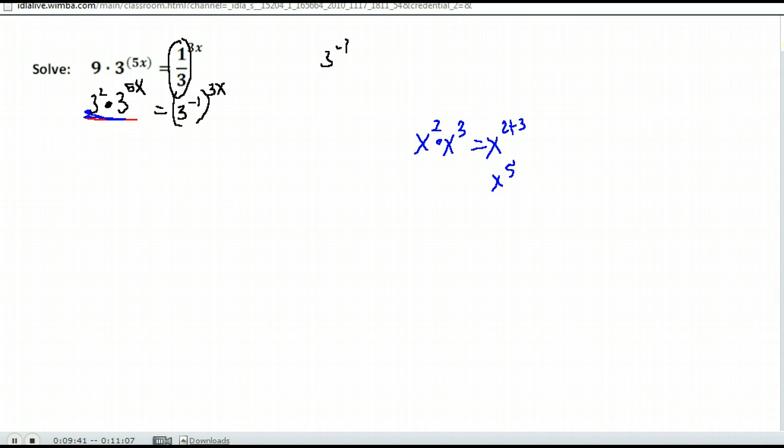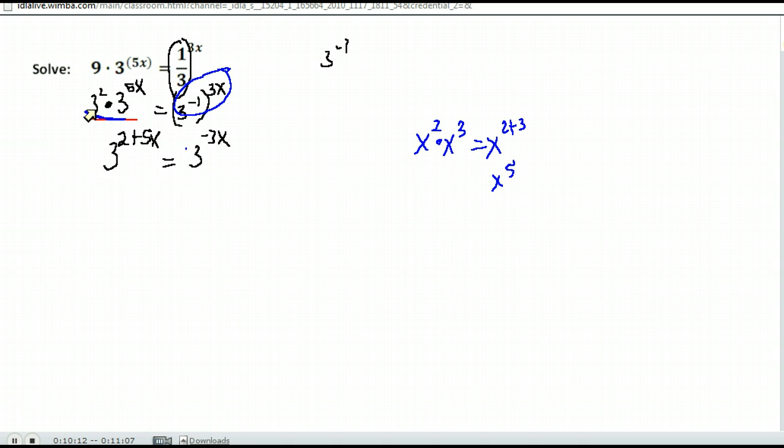So when we combine our 3 to the 2nd power and 3 to the 5x power, we're going to do exactly the same thing. We're going to get 3 to the 2 plus 5x, just using our rules of exponents. And on this other side, we have 3 to the negative 1 to the 3x. When you raise to a power, you multiply the exponent. So 3x times negative 1 is a negative 3x here.